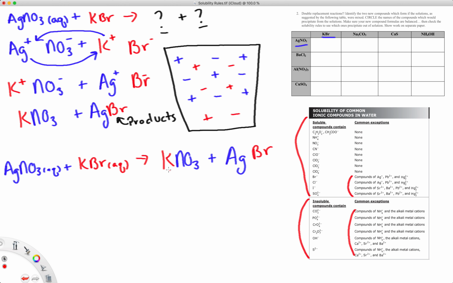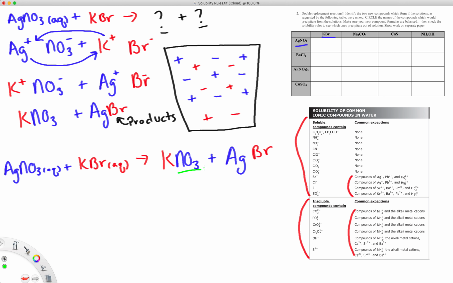Okay, so let's give this a try. I've got potassium nitrate here. One more thing to notice about this table is that most of the ions listed on here are negatively charged, or anions, except the ammonium ion. It's the only positively charged ion here. So when we're looking at these compounds, we want to look first at the anion.